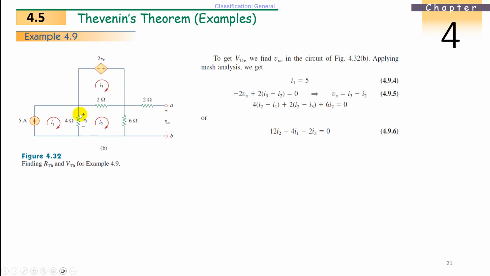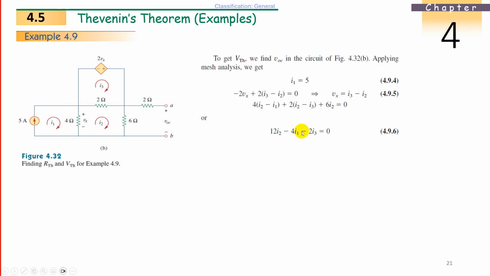How many I2s are there? 4, 2, 6, that is 12. So 12 I2 minus 4 I1 minus 2 I3. Because I2 is these three resistances together, 12. Then the other currents are 4 I1 and 2 I3. So 12 I2 minus 4 I1 minus 2 I3.